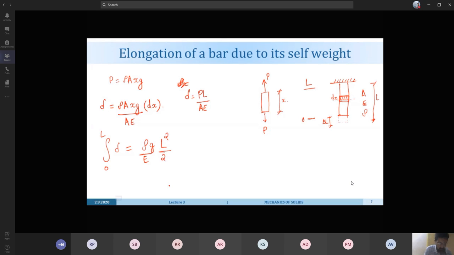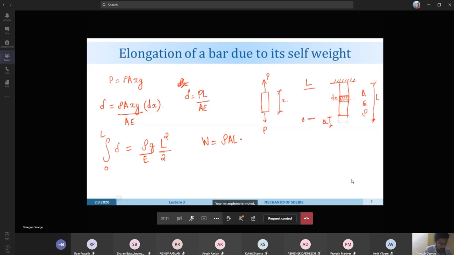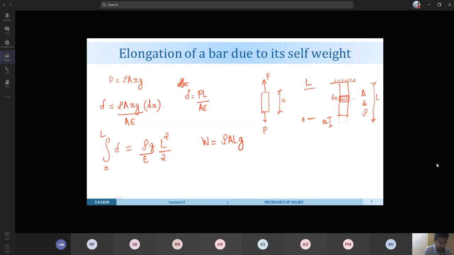Again, if you assume the total weight is rho A L into g, that is the density into volume, then it will be nothing but WL by AE. So the elongation of the bar due to self weight will be WL by AE, where W is the total weight of that bar.